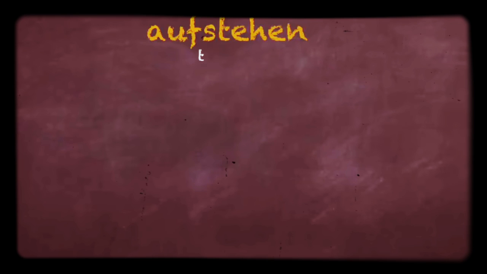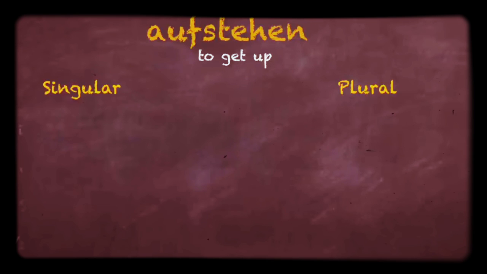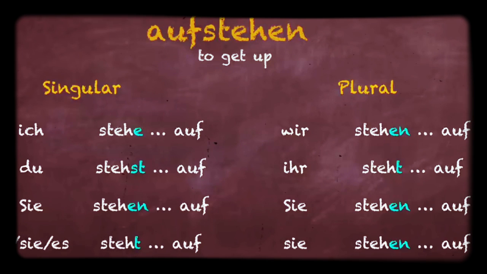Now let's see how to conjugate such verbs. Aufstehen. You should remember that in Trennbare Verben, the prefix is at the end and the verb is just conjugated normally. In this case, stehen is a regular verb, so we will conjugate it like a regular verb.